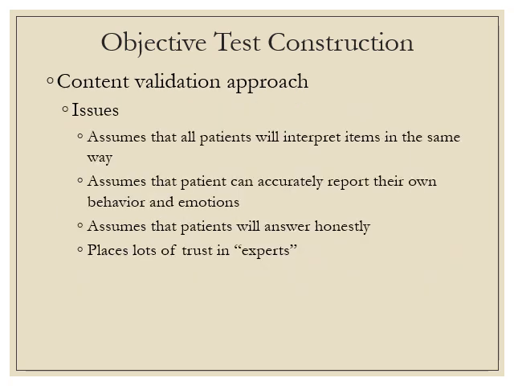Some issues with the content validation approach. First, it assumes that all patients are going to interpret the items in the same way, and this is just not true. Different people with different experiences, different backgrounds, and different ideas about what the test is trying to assess for will answer in different ways.